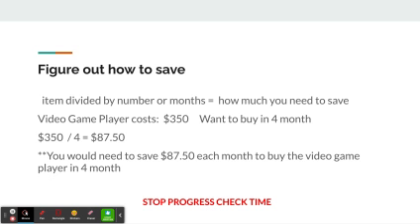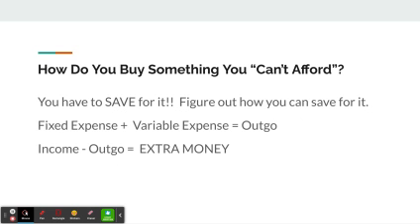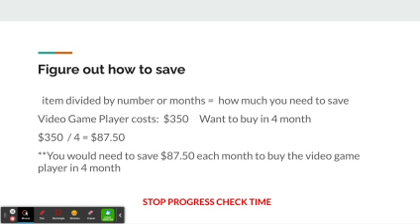Let's say you want to buy a video game player that costs $350, and you know how much you make extra. Remember, we did income minus the outgo equals your extra money.